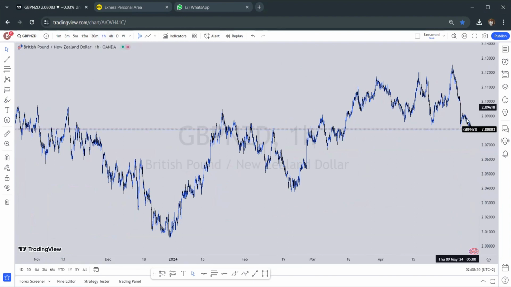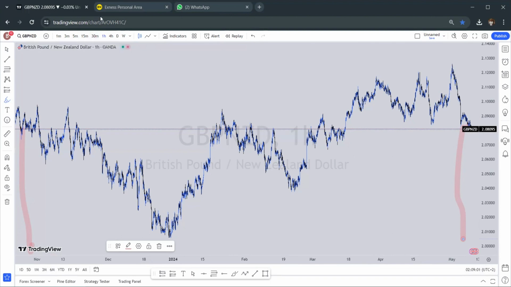From the current price of this market to here means November 2023, right? I don't know if you're following that. The more we go down, 30, 15, the more recent the period we are seeing of what is happening in the forex market.